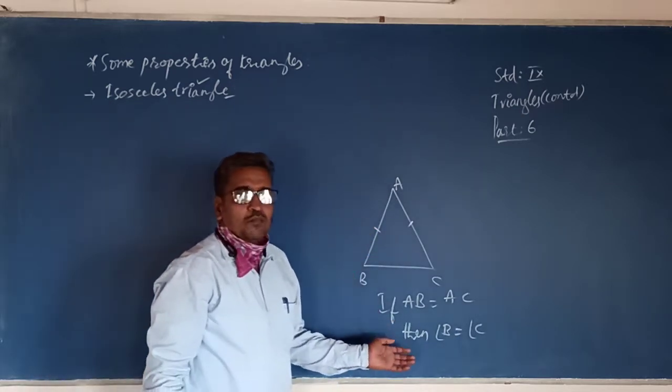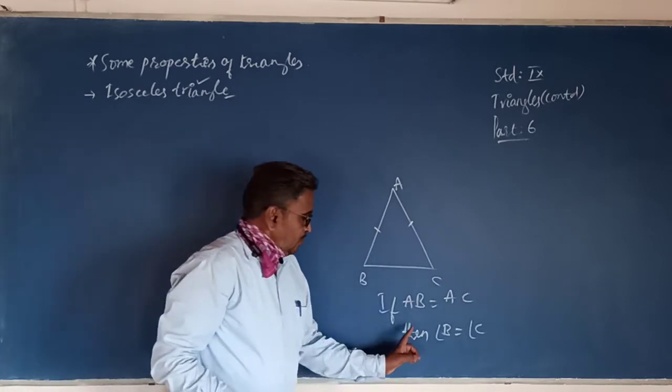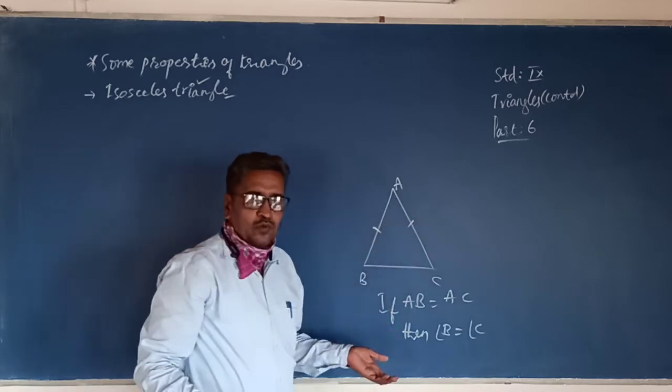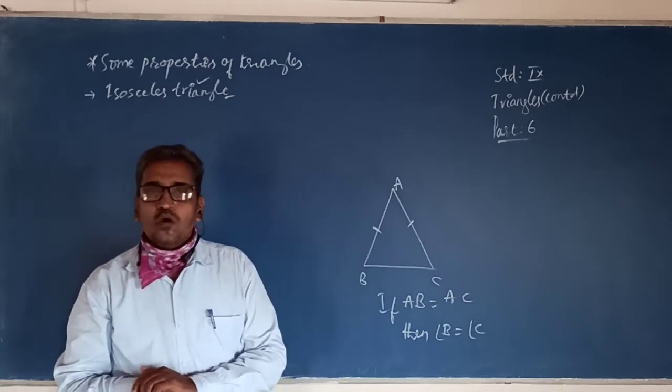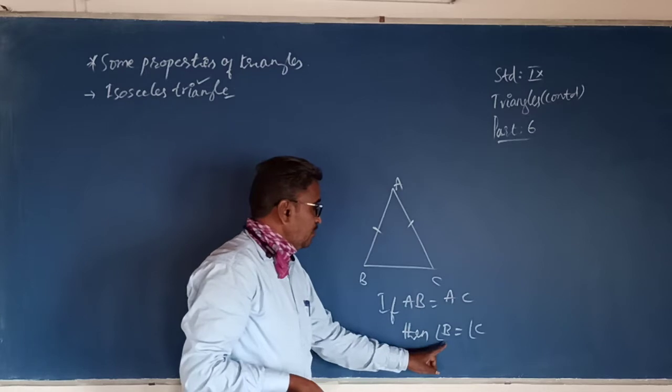That is the property of an isosceles triangle. By activity we can prove it, but theoretically we also want to prove it with the help of the congruence property.